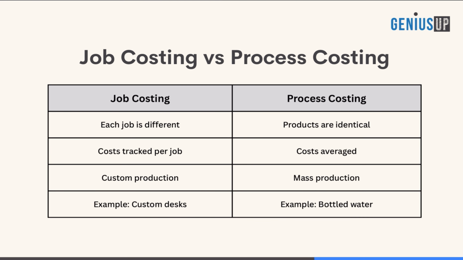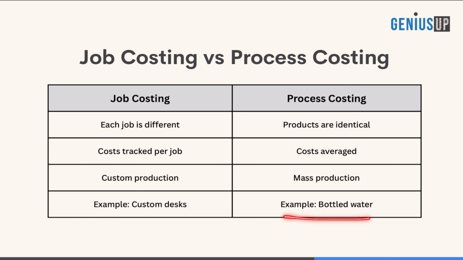To give you an example of job order costing, let's say we produce custom desks. Customers can come to us and say, hey, we want 50 desks for our office. We need them designed in this way, this way, this way. So job order costing would be more appropriate.